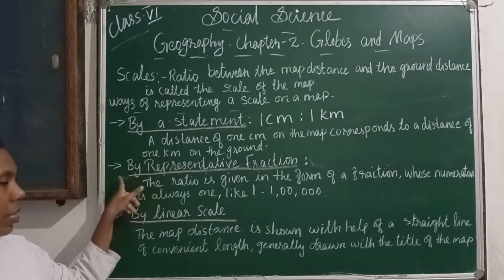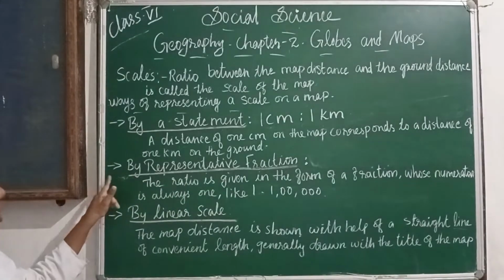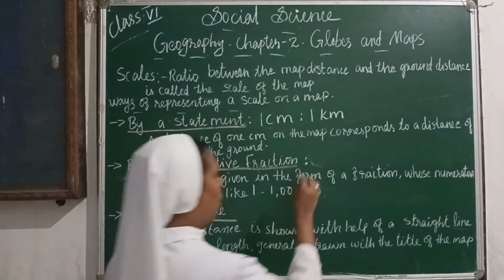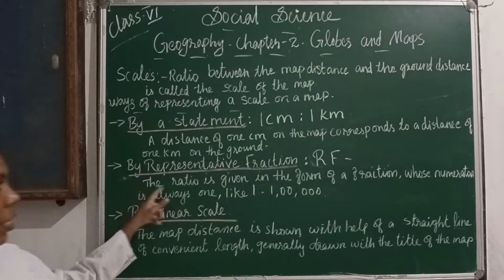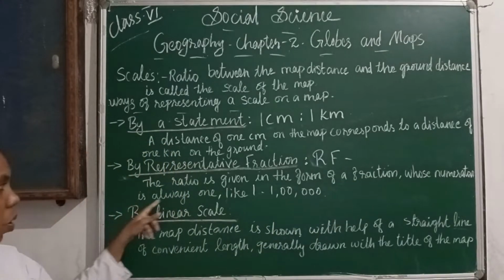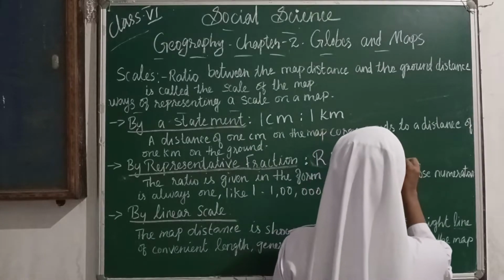The second one is the representative fraction. This is abbreviated as RF. The ratio is given in the form of a fraction whose numerator is always 1, like 1 upon 1 lakh.